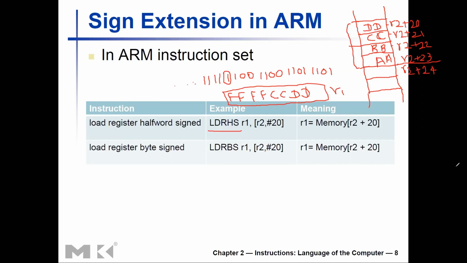If we need to get BBAA, R2 hash 22. Yeah, it's correct. But now there's something called memory alignment in ARM.